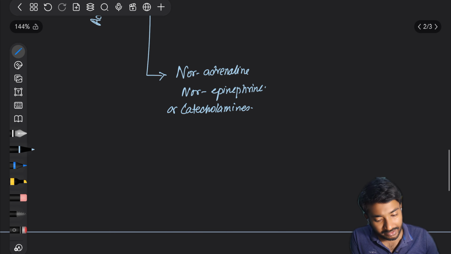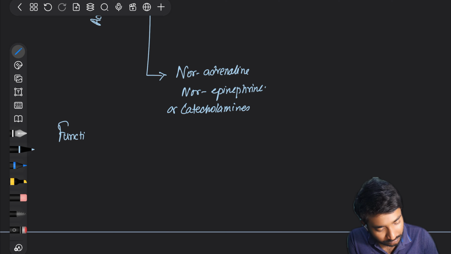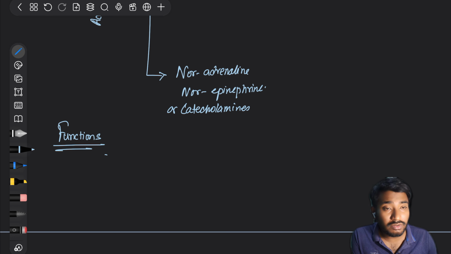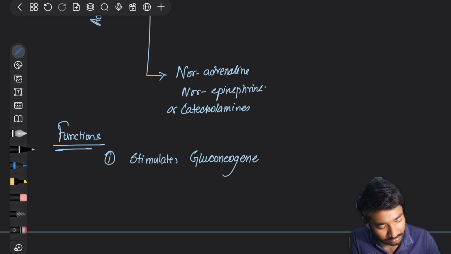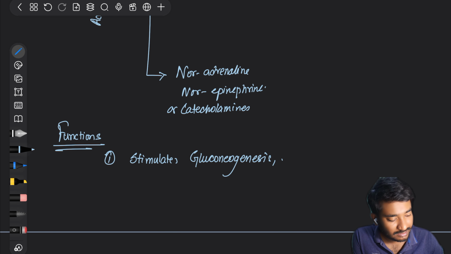Now coming to their functions. The first function: stimulates gluconeogenesis, lipolysis and proteolysis.